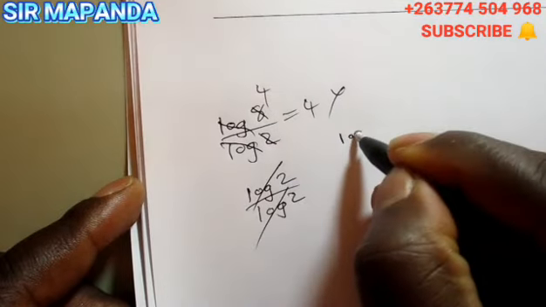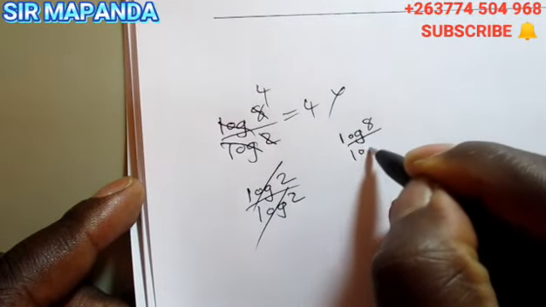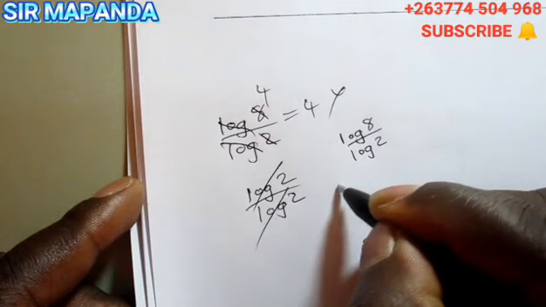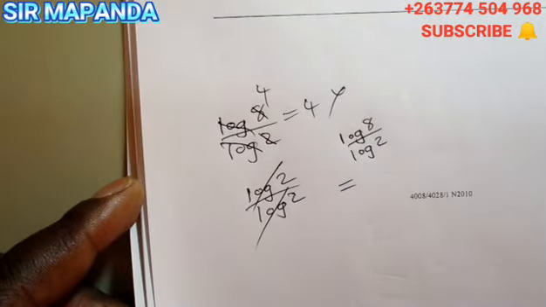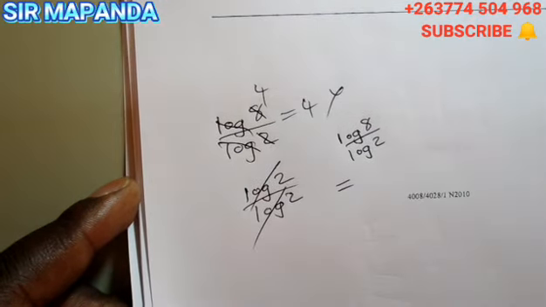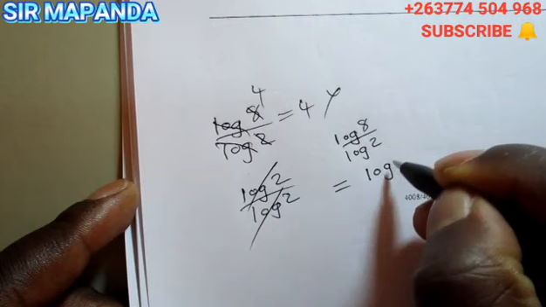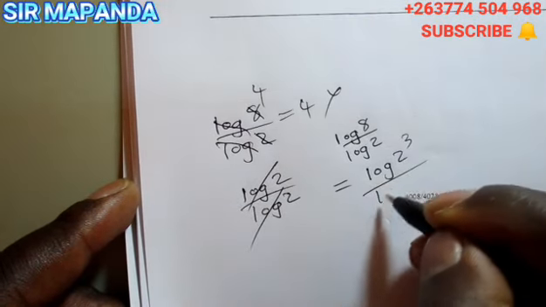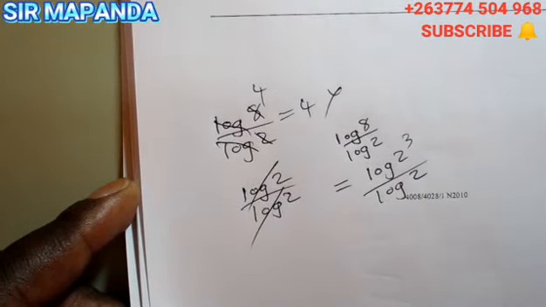So let's say you are given log 8 over log 2 and you want to simplify this. The idea is to express both the numerator and the denominator, the number in front of the log, to have the same base. So 8 can be written as 2 cubed. Log 2 remains the same.